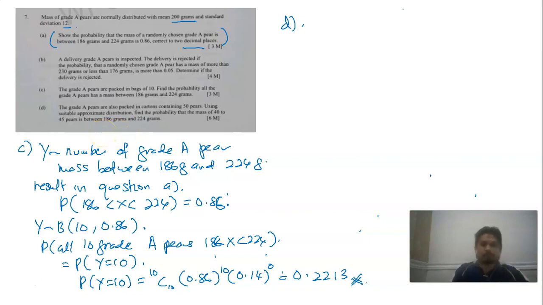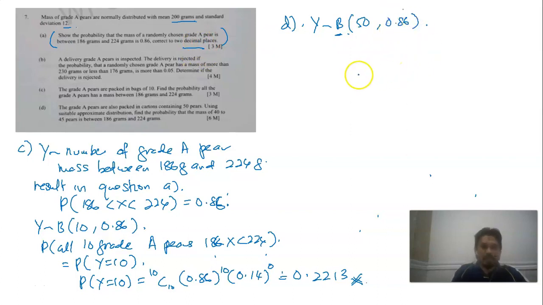So let's say Y is binomially distributed with 50 pears as the number of trials, and we use the result of question A just now, which is also 0.86.